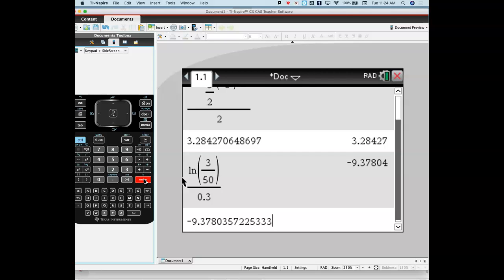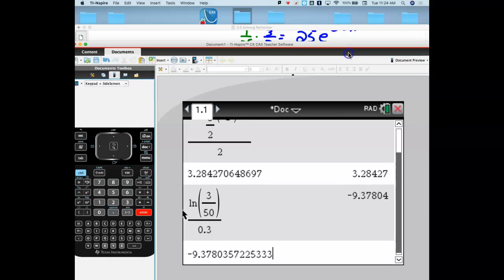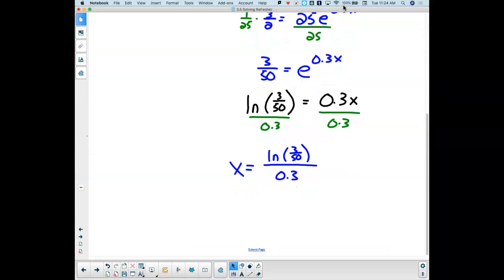Ooh, did something wrong. Wait, why is it negative? Can it be negative?